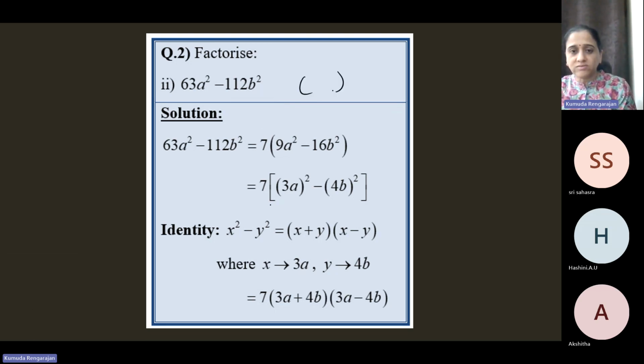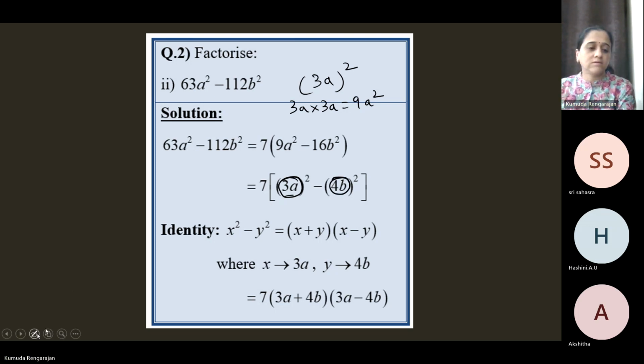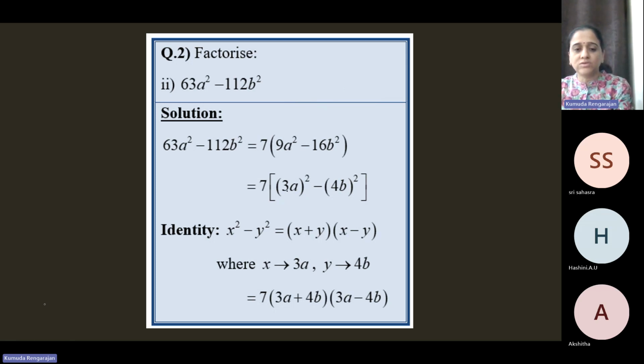So 9a squared is 3a into 3a, 3a the whole squared, minus 16b squared, which is 4b the whole squared. 4b into 4b is 16b squared. So your x is 3a and your y is 4b. So the final answer is 7 into 3a plus 4b into 3a minus 4b.